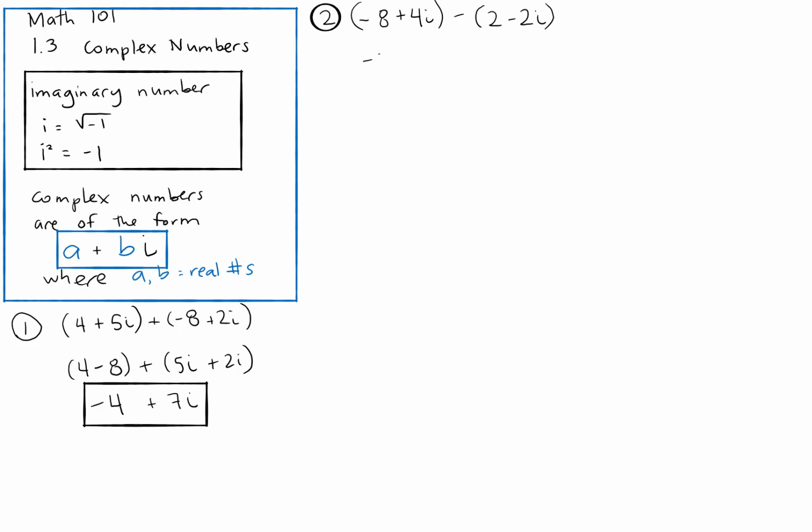So we would say -8 plus 4i. We're going to add the opposite. And so we get -8 minus 2 plus 4i plus 2i. We get -10 plus 6i.